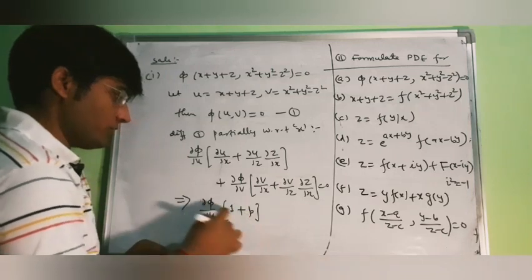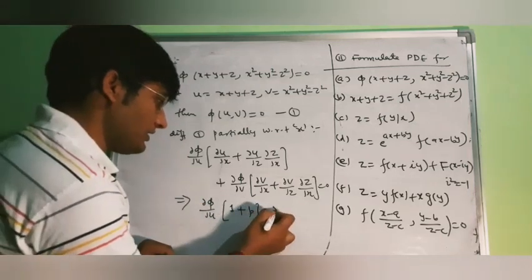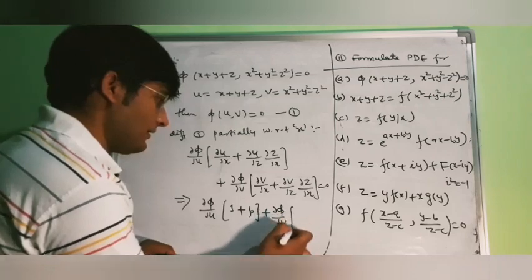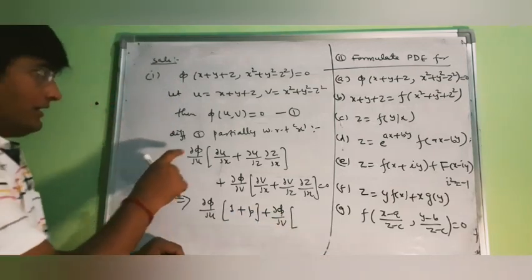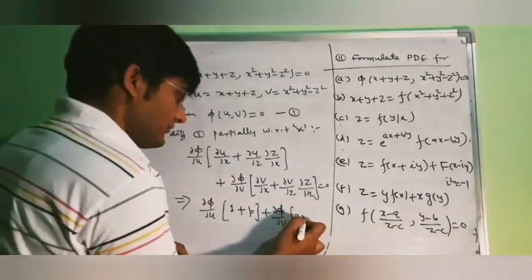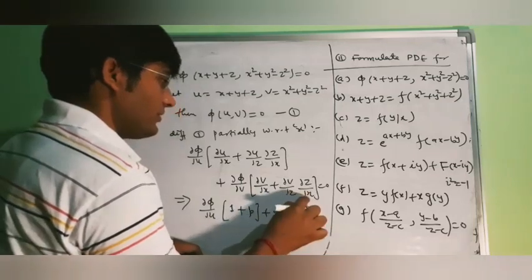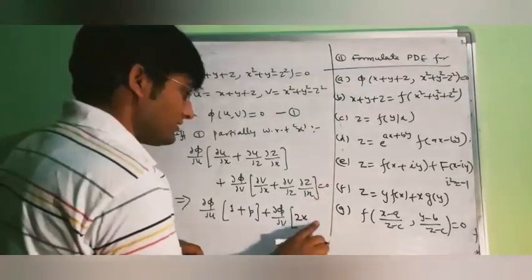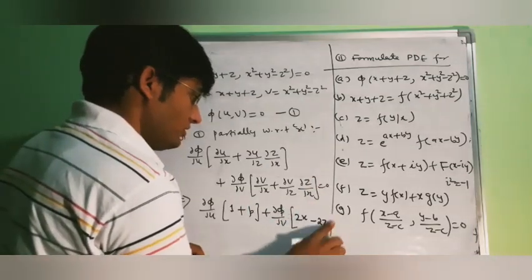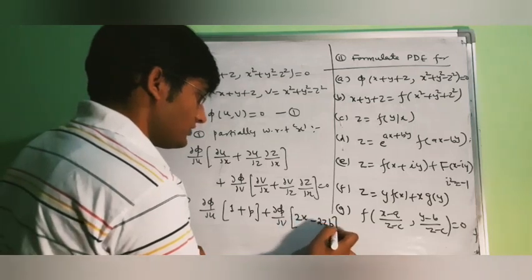So this is 1 plus p into this function plus del phi upon del v. Then here we will have del v upon del x as 2x. Then from here we will get del v upon del z as minus 2z into del z upon del x, which is p. So this is equal to 0.